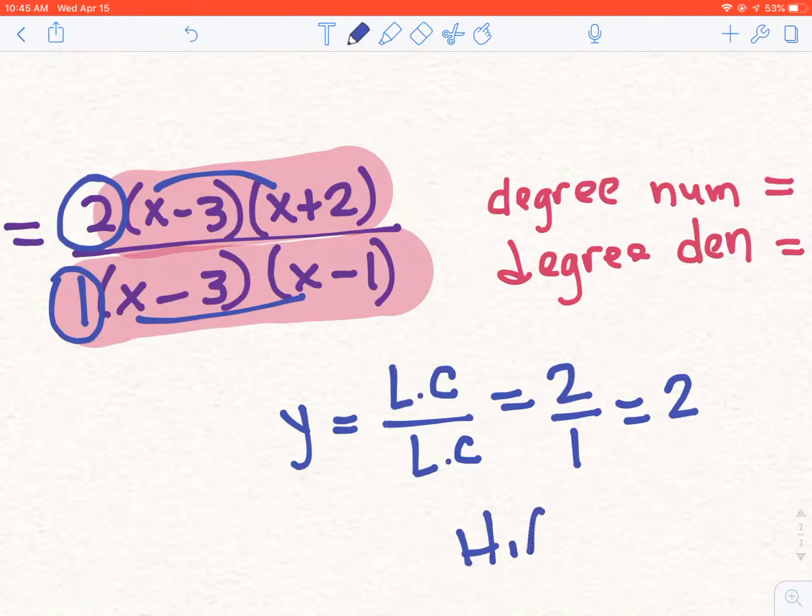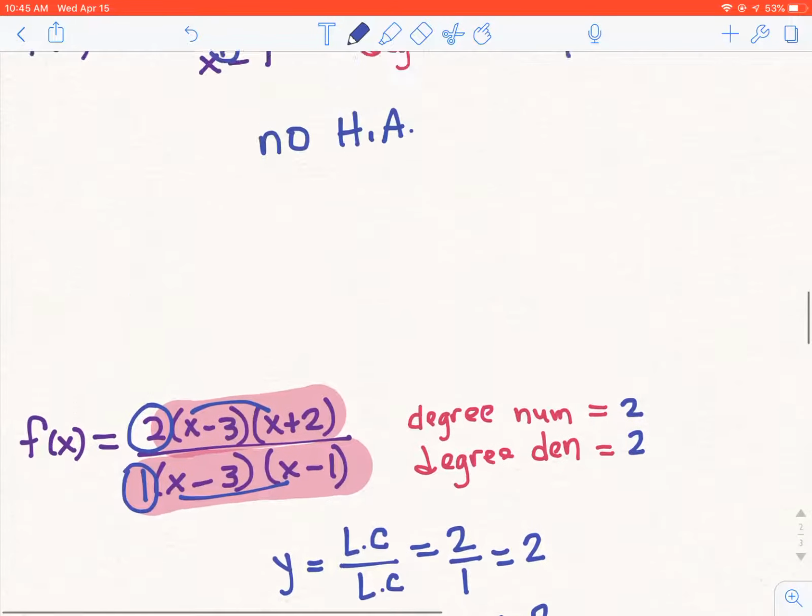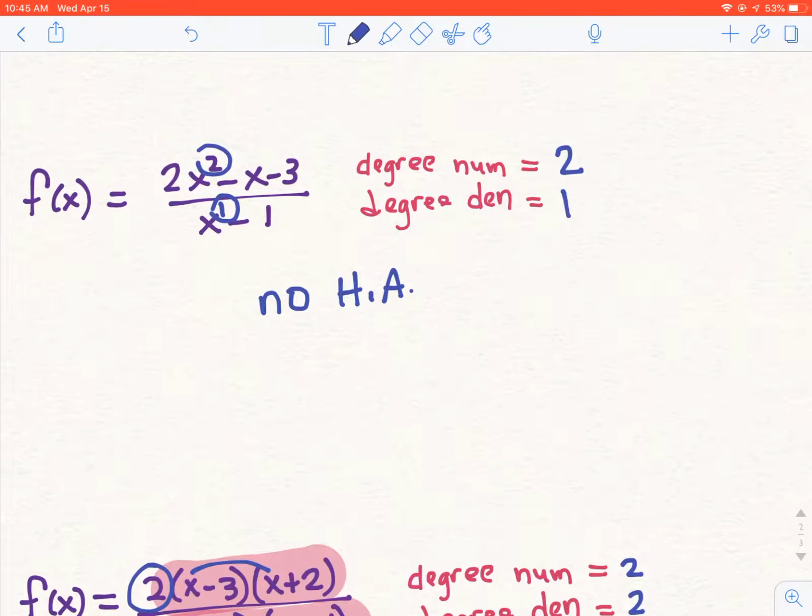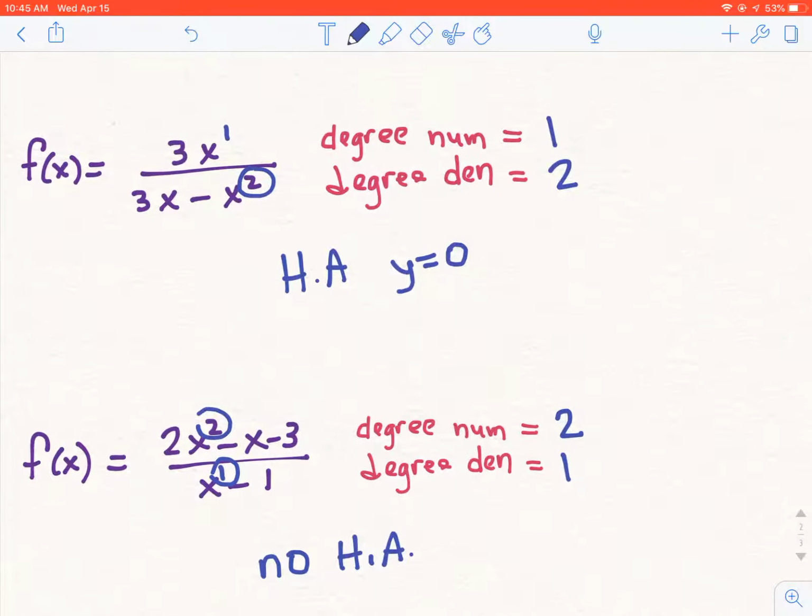So my horizontal asymptote is y equals 2. Okay? If the degrees are the same, use the coefficients. If the numerator degree is greater than the denominator, there is no horizontal asymptote. And if the denominator degree is greater than the numerator, then y equals 0 is the horizontal asymptote.